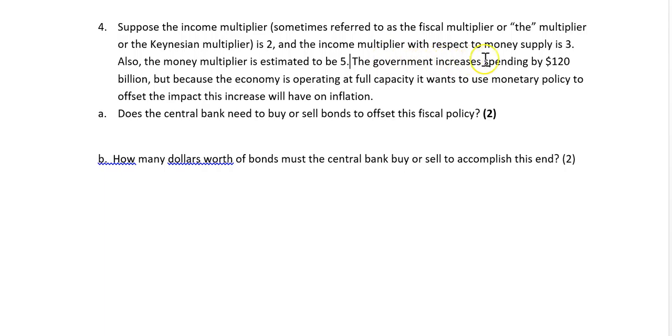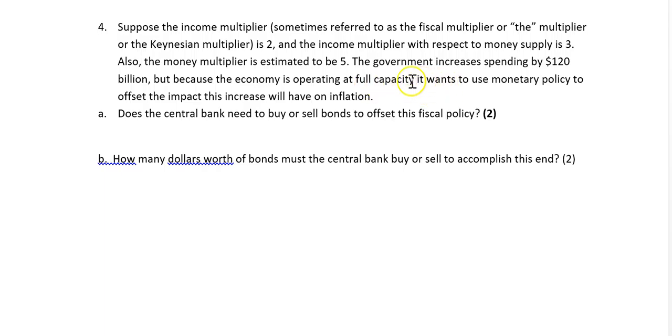The government increases spending by $120 billion, but the economy is operating at full capacity. This means that when the government increases spending, the aggregate demand curve is going to shift to the right. But since we're already at full capacity, this is going to cause inflationary problems.